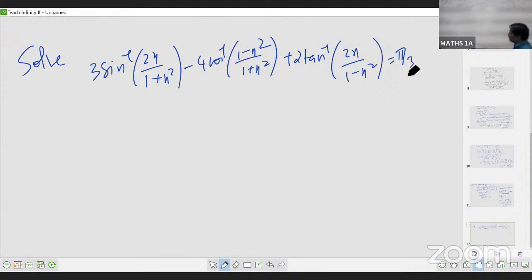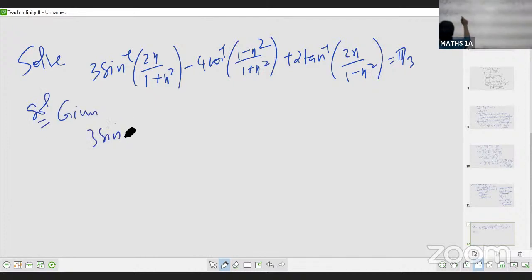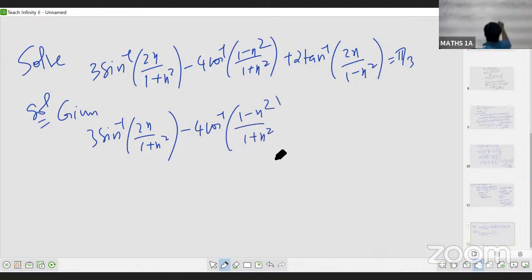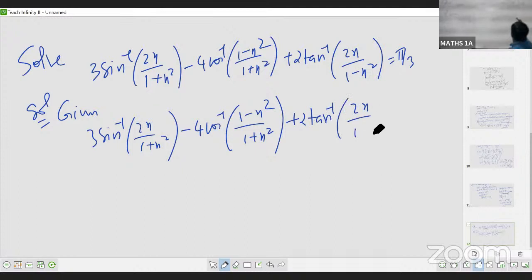Solve means you are going to find the value of x. Is it clear? So what is given is 3 sin inverse 2x by 1 plus x square minus 4 cos inverse 1 minus x square by 1 plus x square plus 2 tan inverse 2x by 1 minus x square is given as pi by 3.